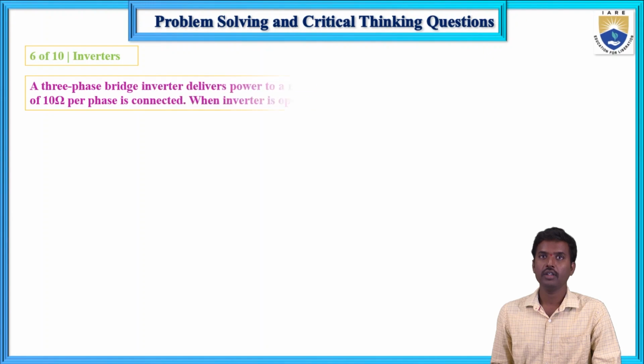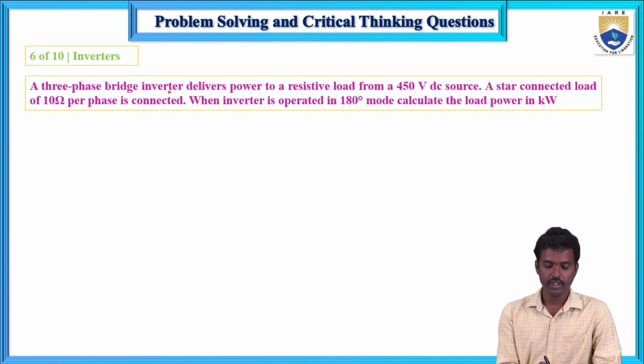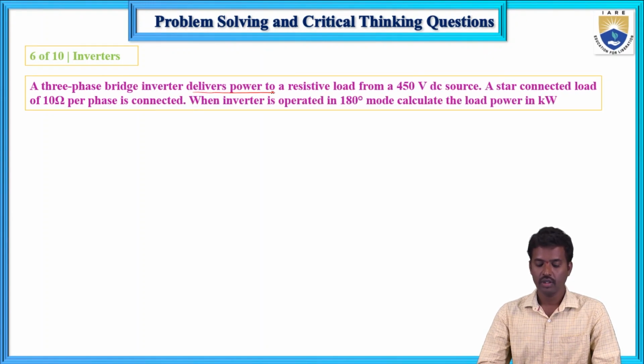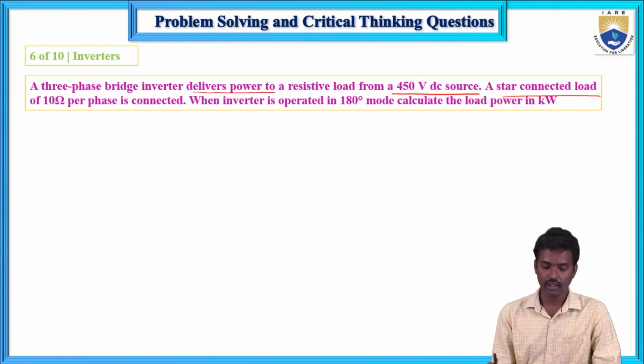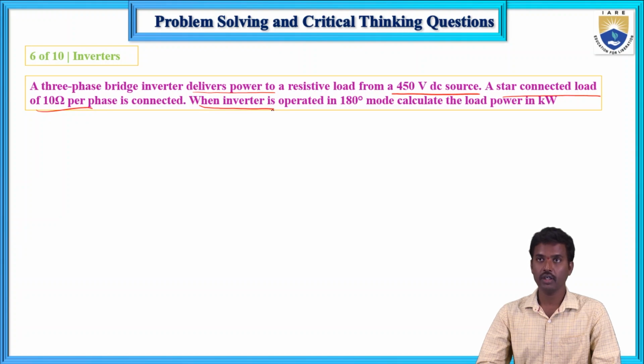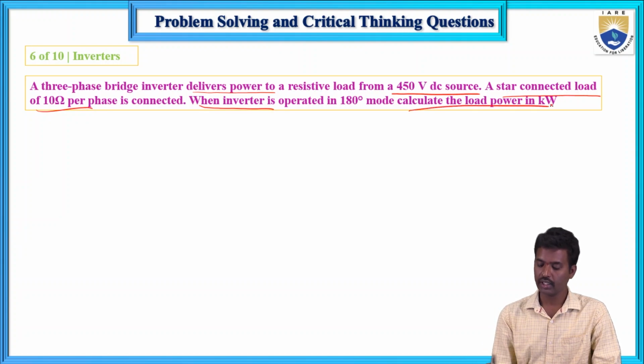Next thing here: a 3-phase bridge inverter delivers power to a resistive load from a 450 volt DC source, with a star connected load of 10 ohms per phase. When the inverter is operating in 180 degrees mode, calculate the load power in kilowatts.